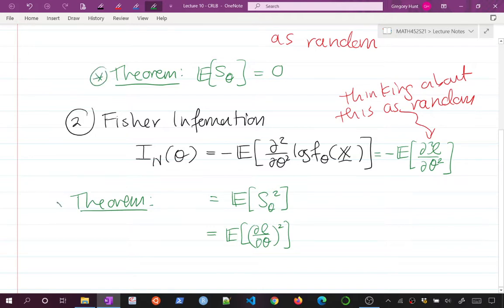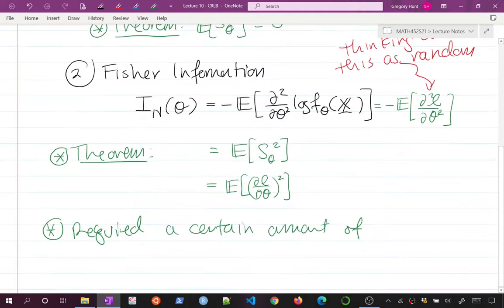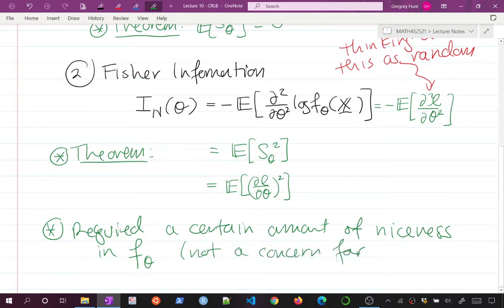And these theorems, I'm going to put a little star here, required a certain amount of niceness in my PDF f theta for the theorem to actually go through, and this is not a concern for exponential families.